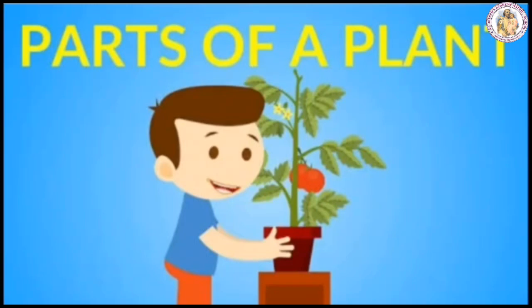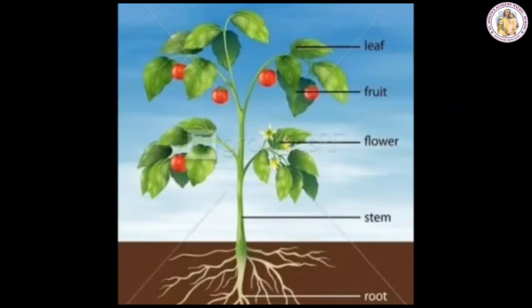The basic parts of a plant are root, stem, leaf, flower, fruit, and seed. Let us learn about various parts of the plant, their structure and functions.